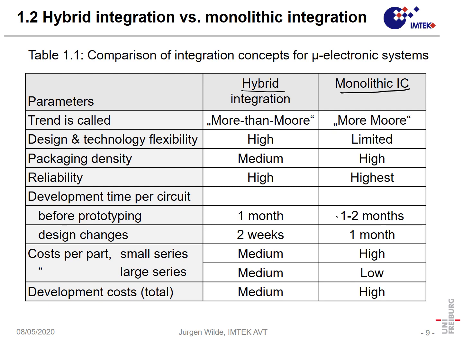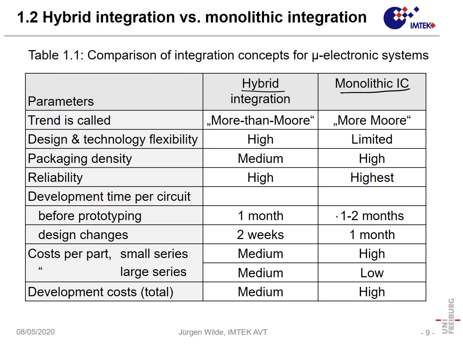The cost per part when you do hybrid integration does not depend so much on how many parts you have. You buy standard devices, and they are somewhat cheaper when you buy larger amounts, but in the end, I would say in both cases it's medium costs.